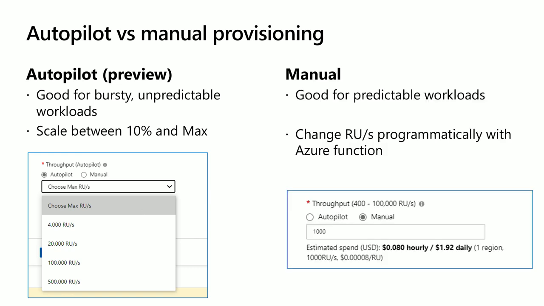If you're a little more experienced and you know very well what your workload is, you can manage the throughput yourself. You say, I want X number of RUs per second, and you can change it programmatically with an Azure function, maybe timer triggered. A lot of our customers have workloads where between the hours of 12 to 1, when everyone's on a lunch break, their website has a ton of traffic because people like to buy things and read the news, but other hours of the day it's pretty quiet.